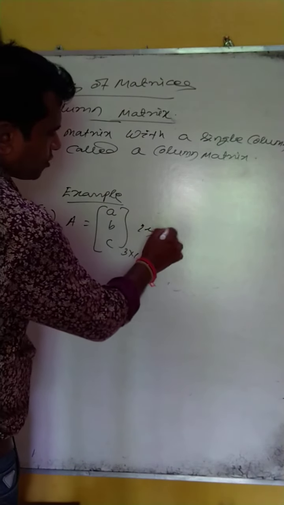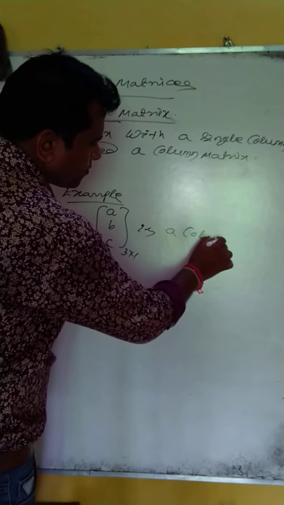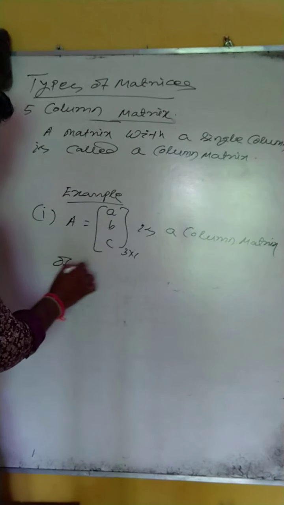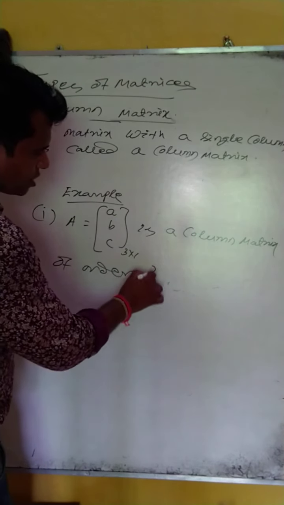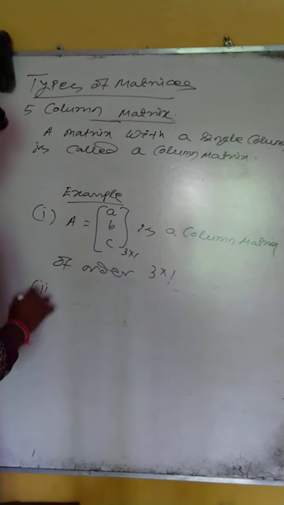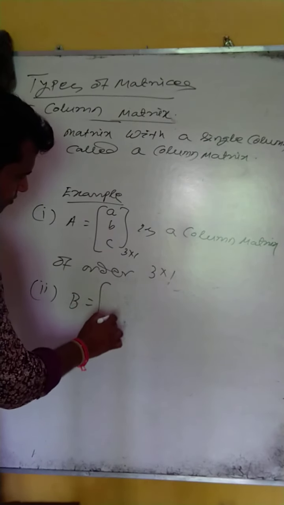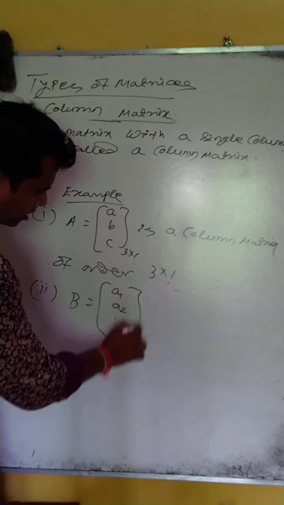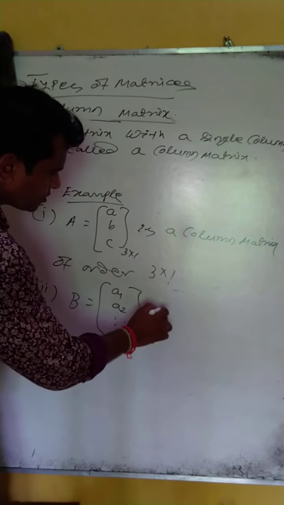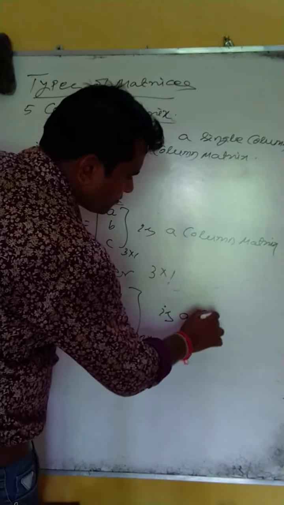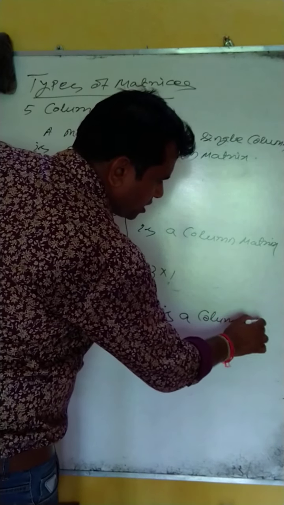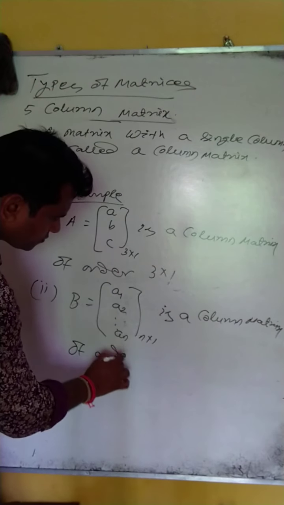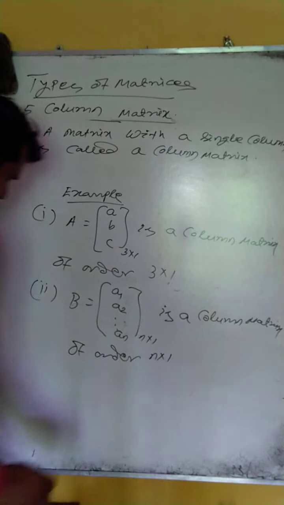It is a column matrix, a matrix of order 3 cross 1. Second, B is equal to a1, a2, up to an, that is n cross 1, is a column matrix of order n cross 1.